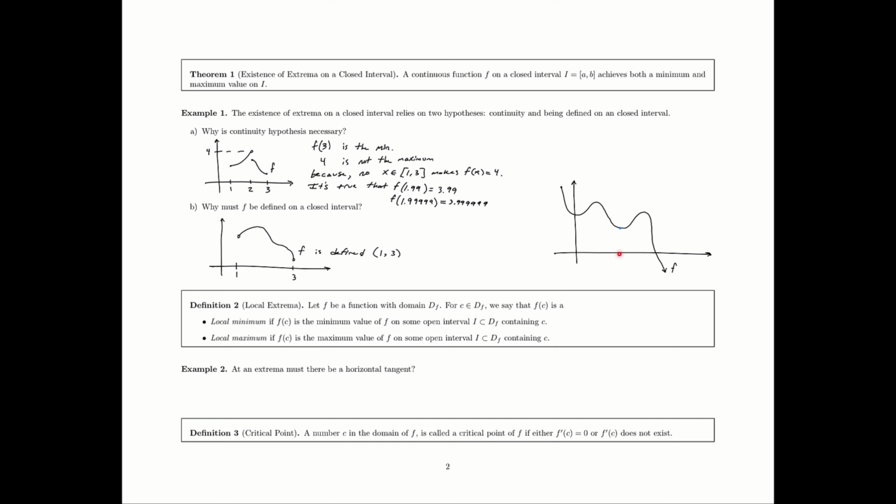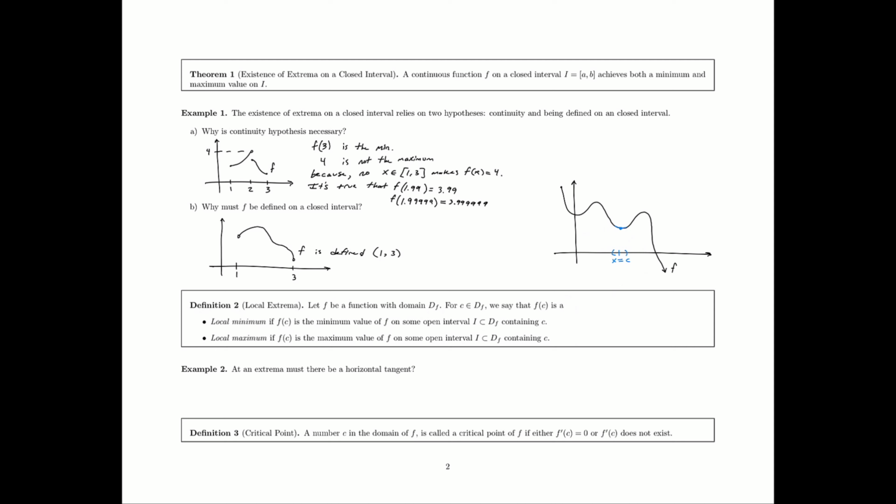So notice here, let's say this is x equals c for the moment, if we think about surrounding this, enclosing it in some small open interval. Now this open interval can be as small as we like, as small as it needs to be. So if we think about lifting up these endpoints, that's going to section off this portion of the curve.